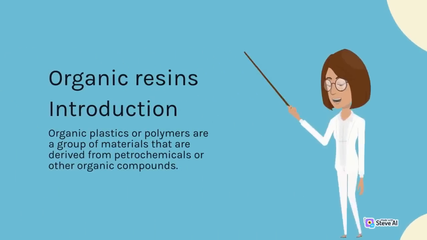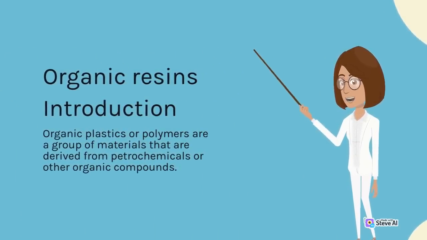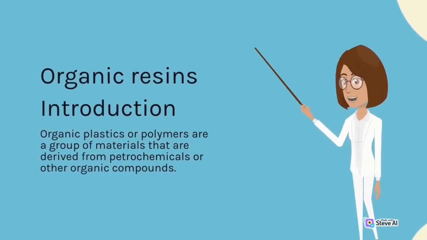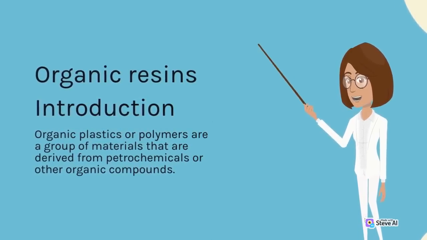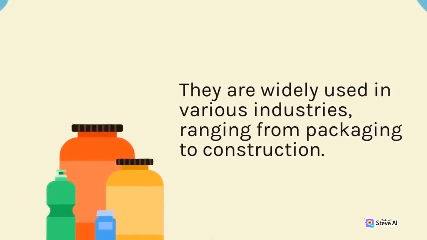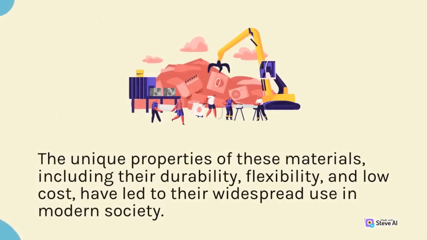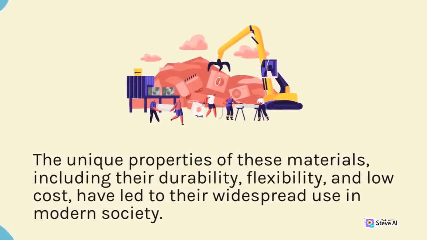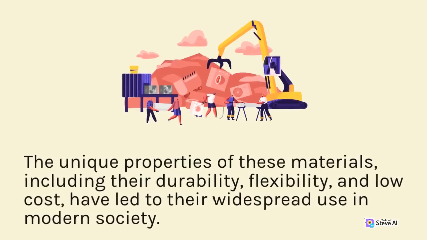Organic resins. Introduction. Organic plastics or polymers are a group of materials that are derived from petrochemicals or other organic compounds. They are widely used in various industries, ranging from packaging to construction. The unique properties of these materials, including their durability, flexibility, and low cost, have led to their widespread use in modern society.